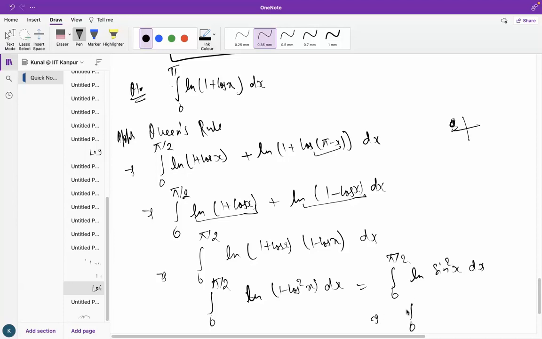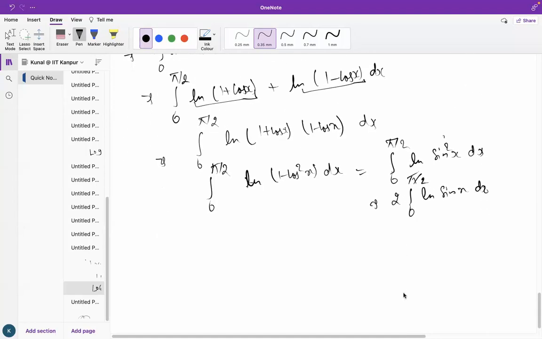Now we can write this function as 2 ln sin x dx, because we are using the concept ln x to the power m is equal to m ln x. I hope you all understand this.